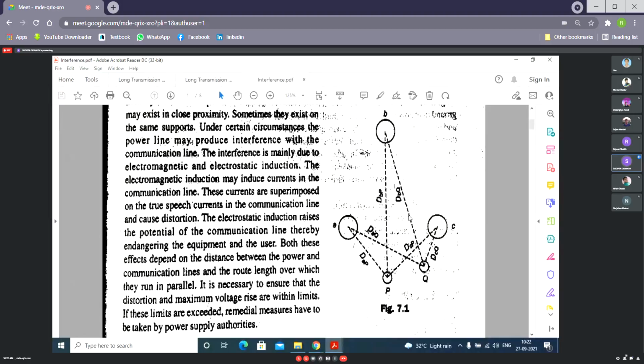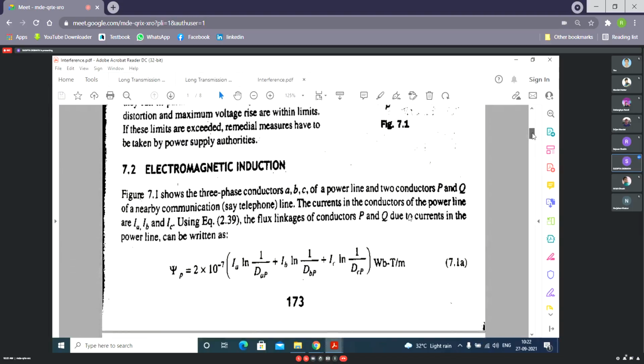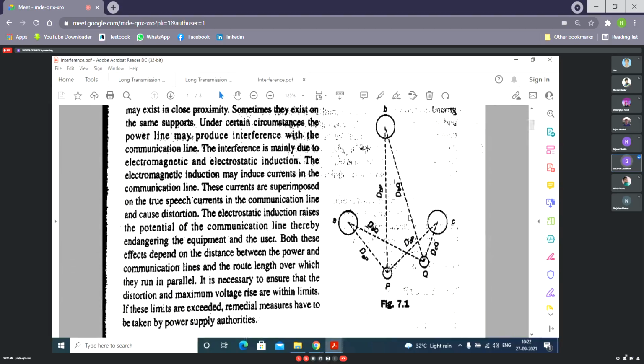So what we do? We'll consider the effect on these conductors P and Q due to the currents IA, IB and IC in the power lines. One is electromagnetic, another is electrostatic. So the electromagnetic induction: what is the flux linkage in this conductor P due to the currents in all these power line conductors?